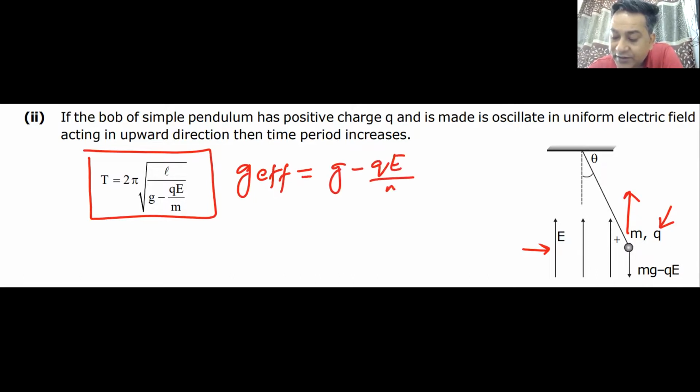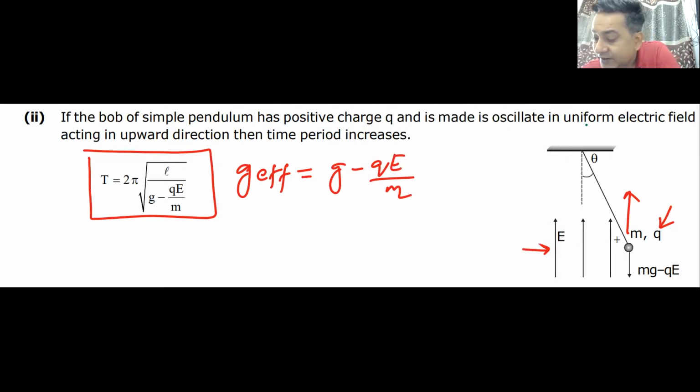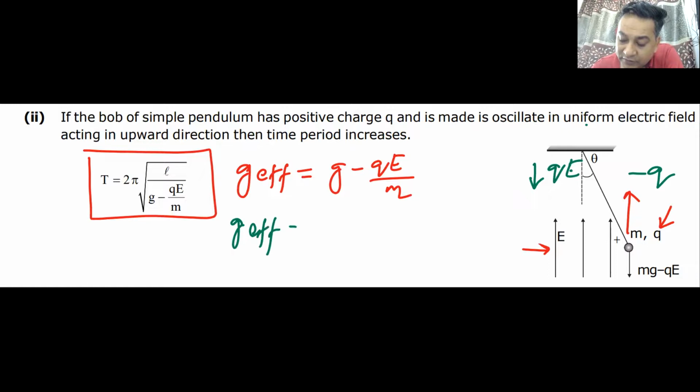But if I had a negative charge, which I am showing by the green one, if I had this charge as minus q, in that case, the force would have been in the downward direction. In that case, the value of g effective here would become g plus QE by m. Remember, a positive charge will experience force in the same direction, but a negative charge will experience force in the opposite direction. Do we understand this?